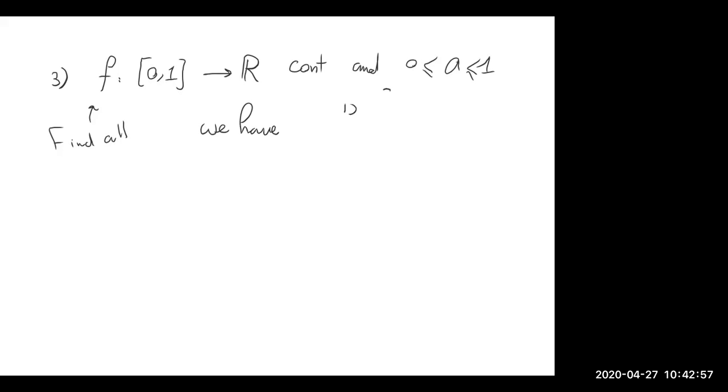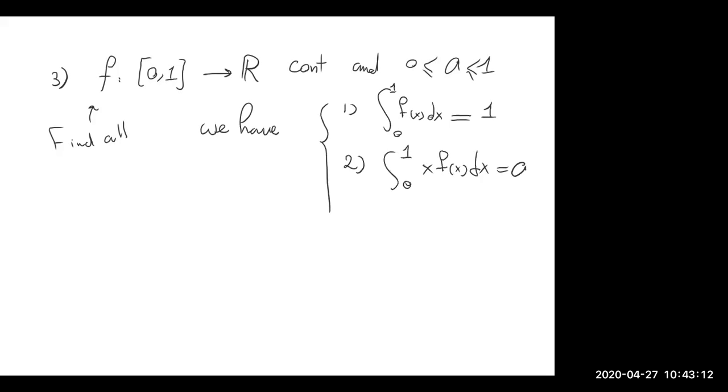First, integral of f from 0 to 1 is 1. Second, integral of x times f of x dx equals a. And third, integral from 0 to 1 of x squared f of x dx equals a squared. For some constant a between 0 and 1, like 1 over 2 or something like that. Find all functions f which satisfy these three properties.